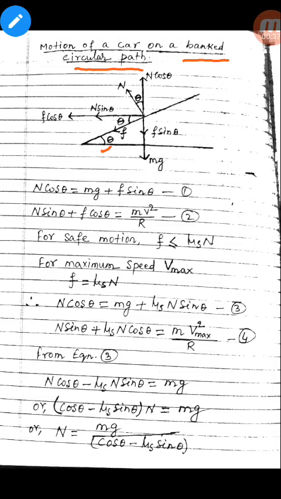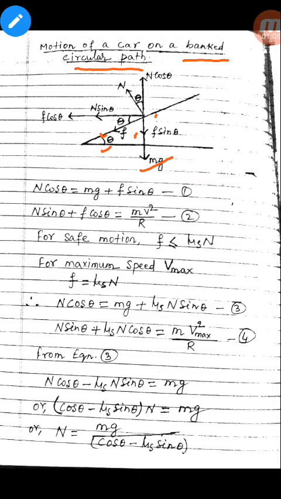Now, three forces act on the car. First one is its weight mg in vertically downward direction. Second is the frictional force along the slope of the inclined plane.